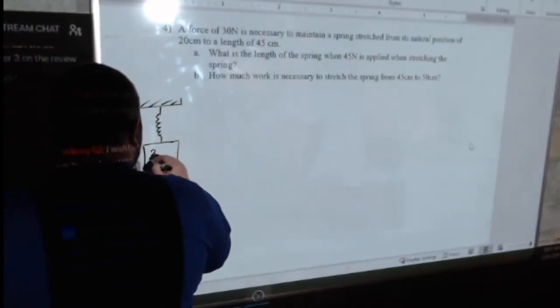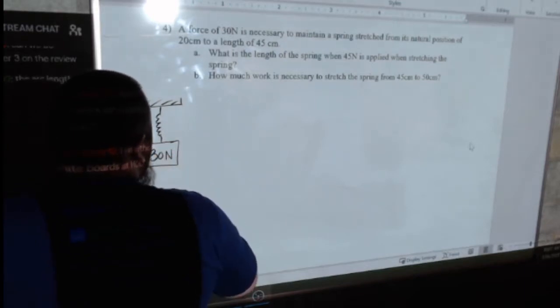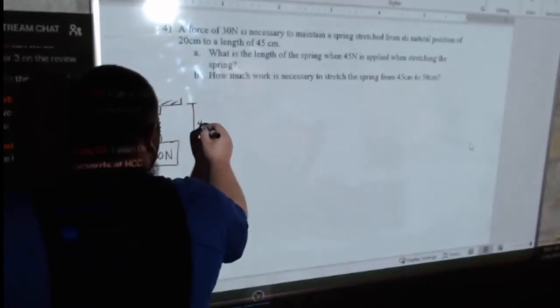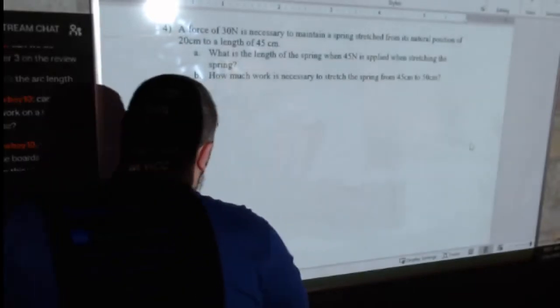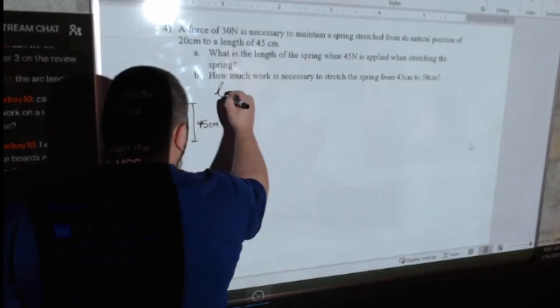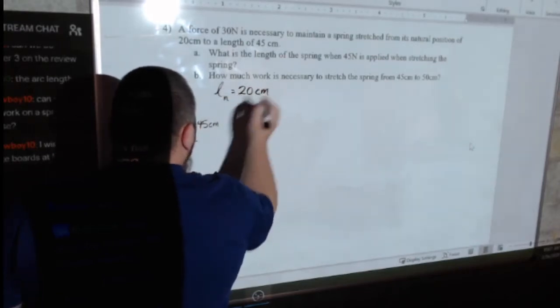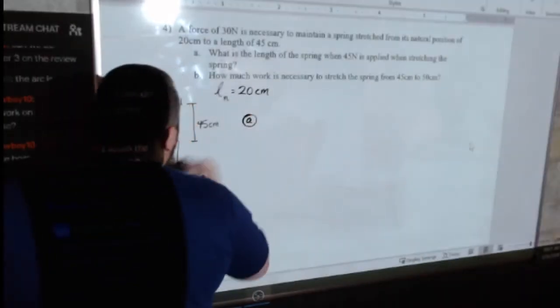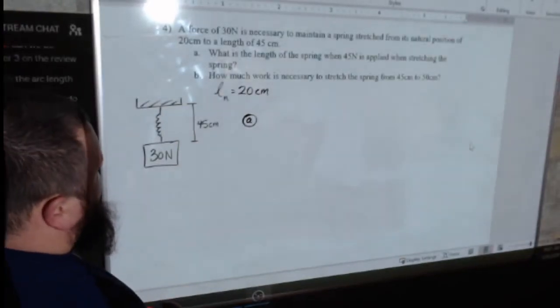We hang 30 newtons from it, and its length is 45 centimeters. Its natural length, let's say L sub n, is 20 centimeters. Part A says, what is the length of the spring when 45 newtons is applied?